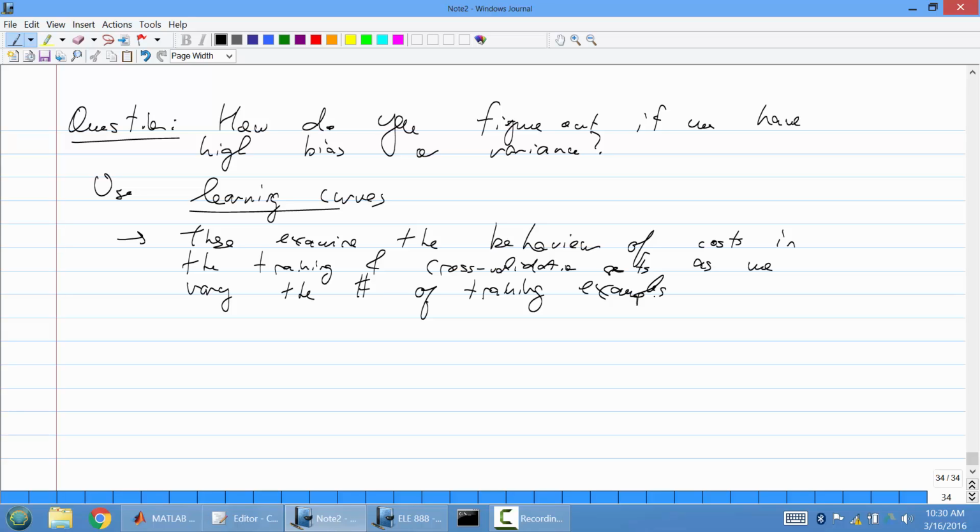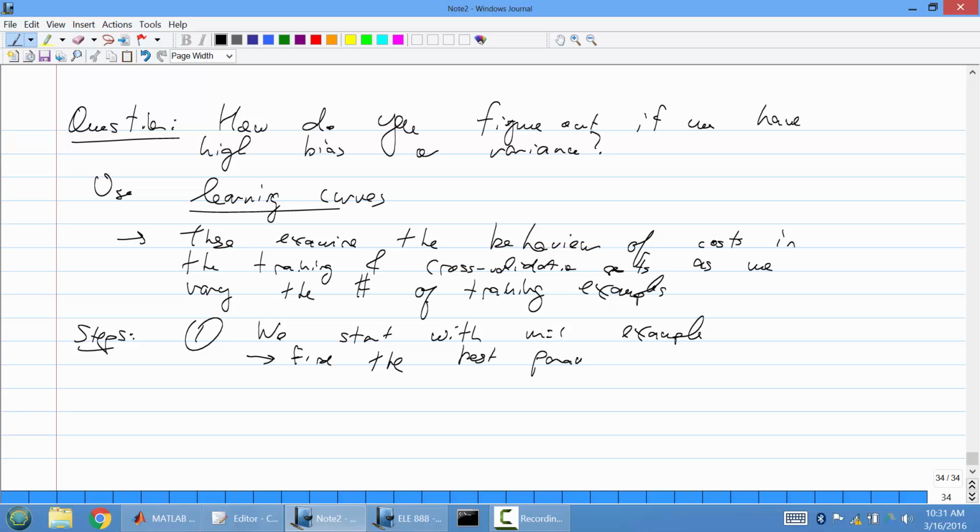Okay, so here are the steps that you do to create a learning curve. The first step is we start with one example. When you start with this, you're going to find the best parameters, so one example in the training data. So you're going to find the best parameters with m equal to 1 in the training set.